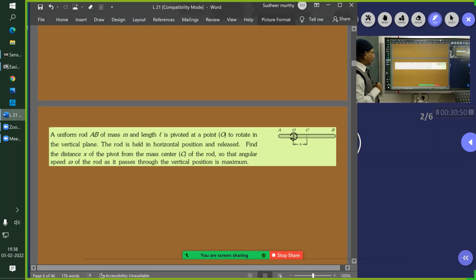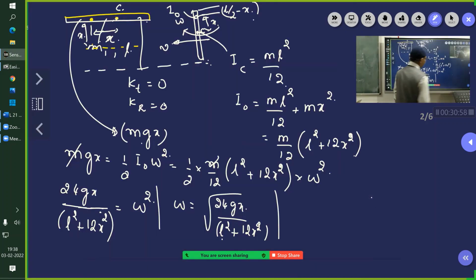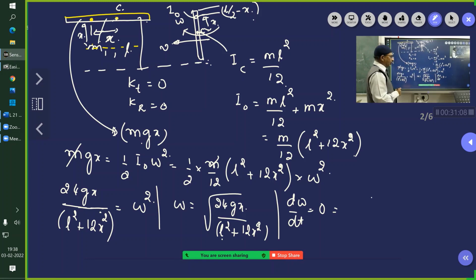They asked to find the distance x of the pivot from the mass center so that the angular speed omega of the rod as it passes through its vertical position is maximum. So you have to now differentiate, that is d omega by dx equal to 0, and you have to differentiate this equation. If you differentiate this equation, then you will get the value of x.